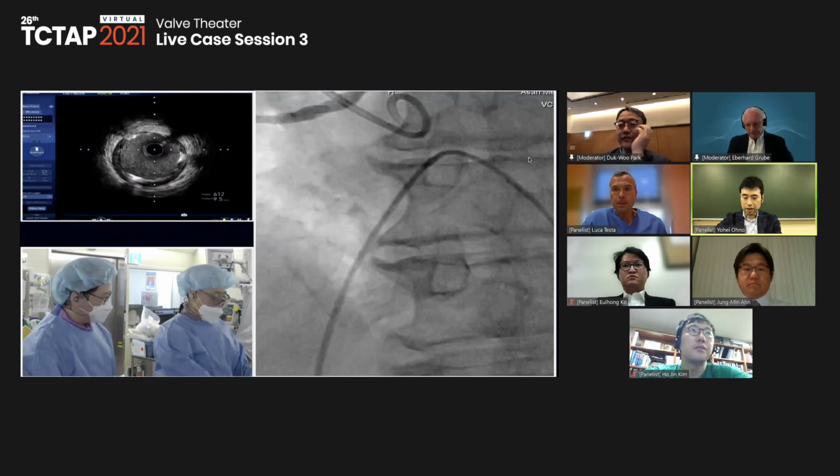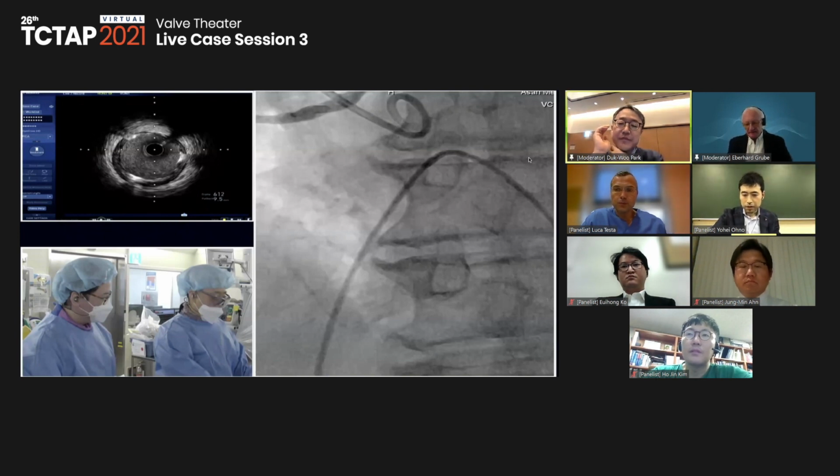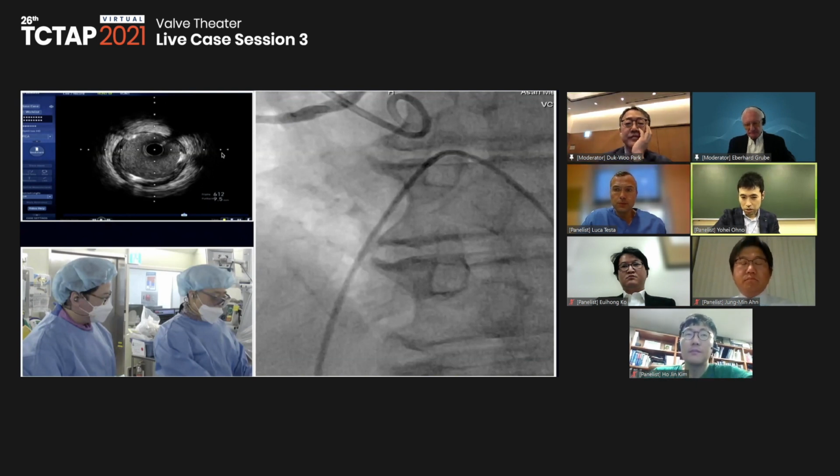Yeah, I totally agree with Luca's comment. We also take coronary CT angio for every patient. My one specific comment for this case is that if he needs a very urgent lung cancer operation, maybe I would skip PCI, because we need at least maybe 1 month of antiplatelet therapy.